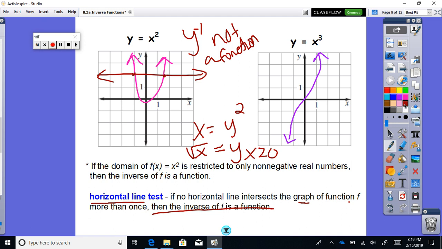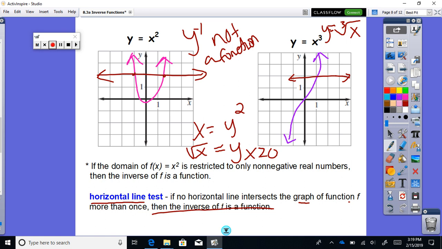Now this one will pass the horizontal line test, so the inverse is a function. The inverse would actually be the cubed root of x. So if it's cubed, the inverse is y equals cubed root of x. Since it is a function, I don't have to restrict the domain of that one at all, because you can take the cubed root of negative numbers, so that one's fine.